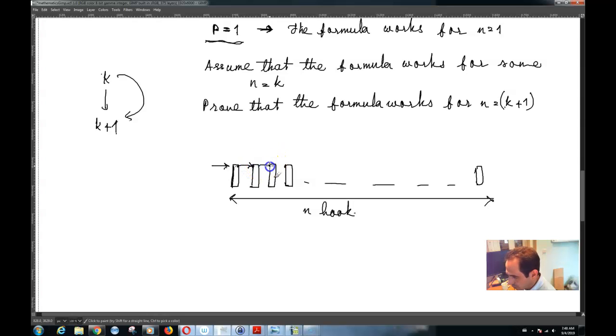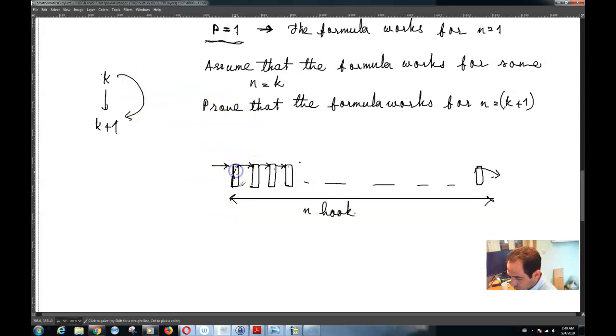And the second book falls over the third book, and the third book falls over the fourth book. And in the same manner, logically, if you push the first book over, then the second book falls down, the third book falls down, the fourth book falls down, and as a result, the last book will eventually fall down.